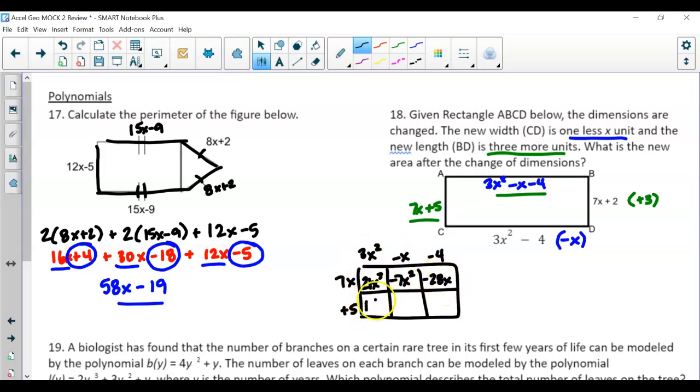Then the bottom row, 15x squared, negative 5x, and negative 20. Now combine like terms to find our answer. So we've got 21x cubed. We do have 2 x squared terms here, so 8x squared. Here, negative 33x minus 20.